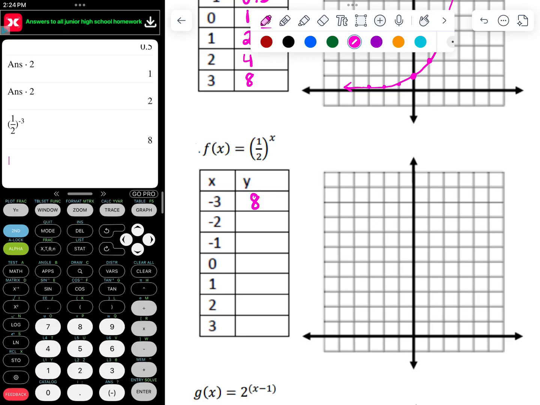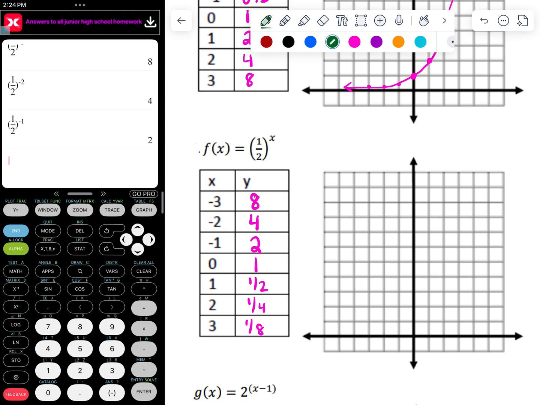So for some reason in my calculator, that's not going through, but that's okay. We can just kind of roll with it. We've got an 8, we've got a 4. I'm going to just keep grabbing it and kind of going back and plugging it in, which gives us a 2. And hopefully you'll start to notice the pattern. We're just dividing by 2 every time. So every time we divide by 2, that's what continues in our numbers.